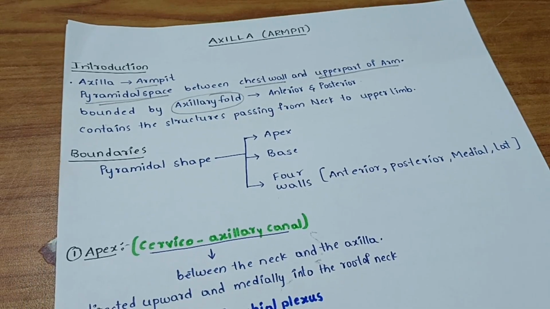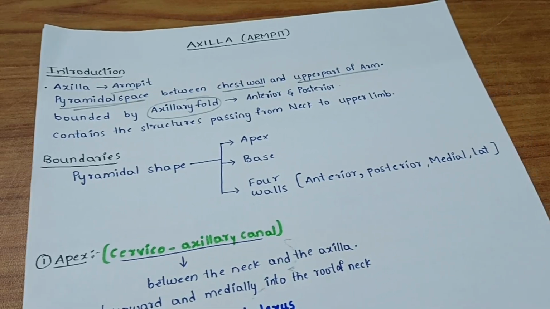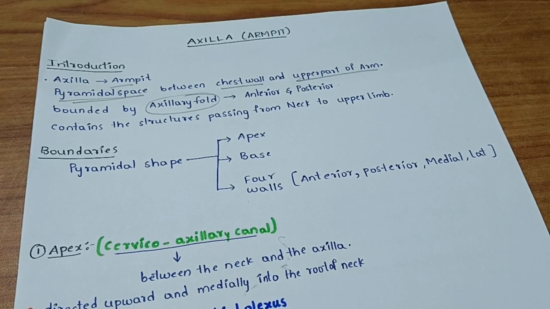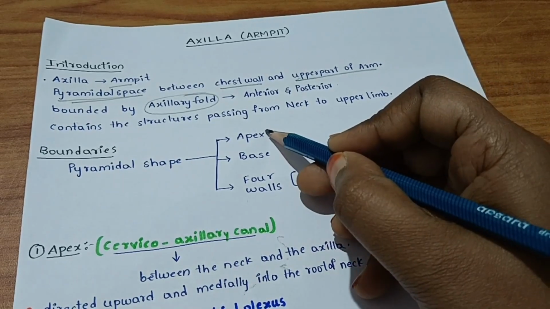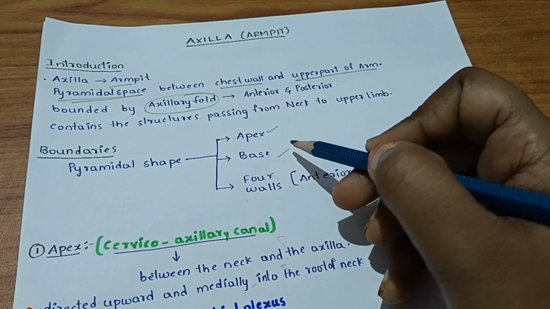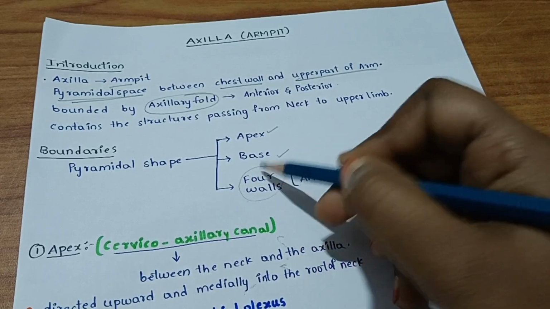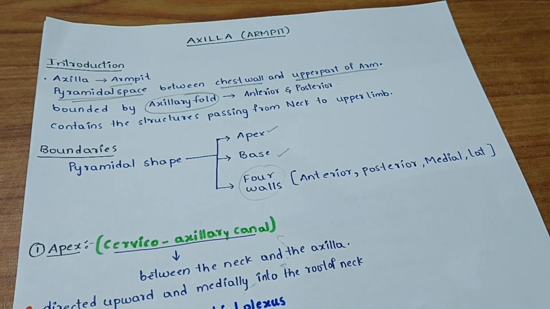Now let's see the boundaries of the axilla. As I said, the axilla is a pyramidal shape. It contains an apex, a base also known as the floor, and four walls: anterior, posterior, medial and lateral walls.